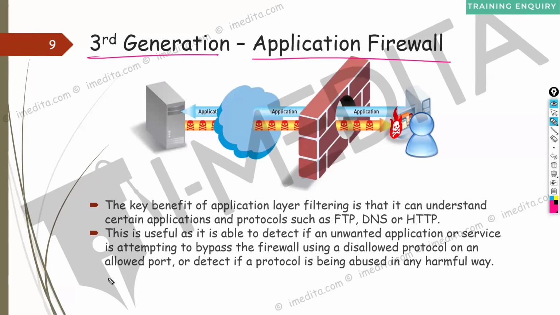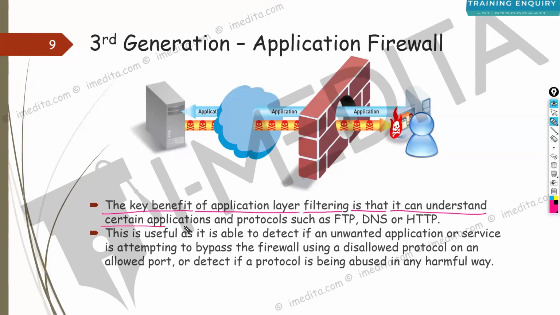It means if you have allowed UDP 53, DNS queries can go, and torrent packets can also bypass the firewall using port number 443. To solve that problem, we have third generation application firewall. The key benefit of application layer filtering or firewall is that it can understand certain applications and protocols.